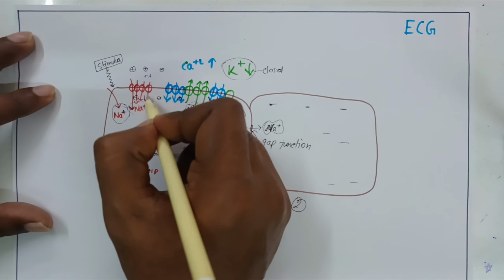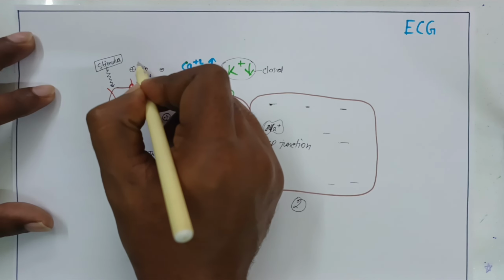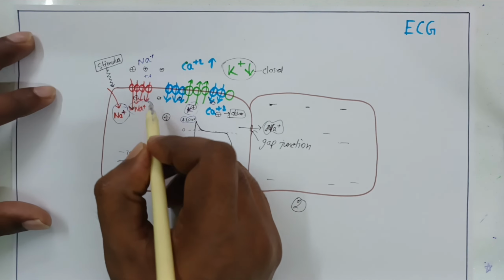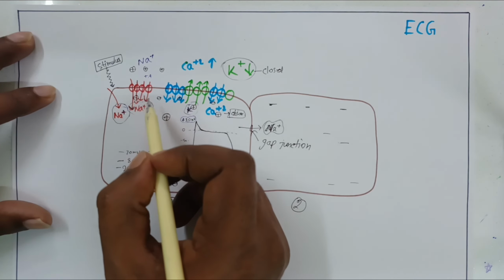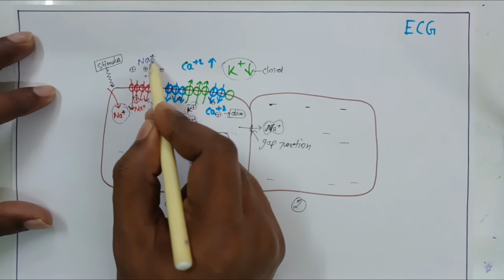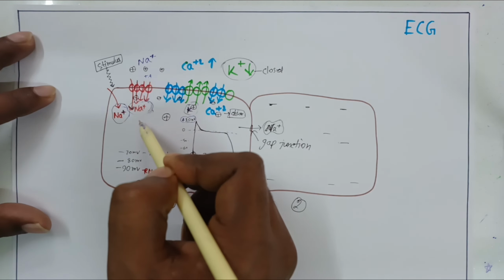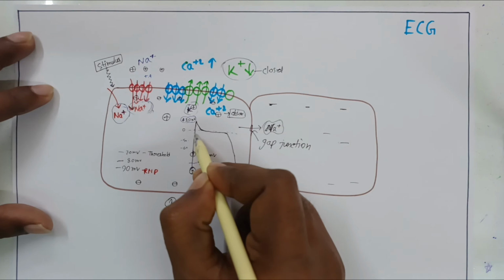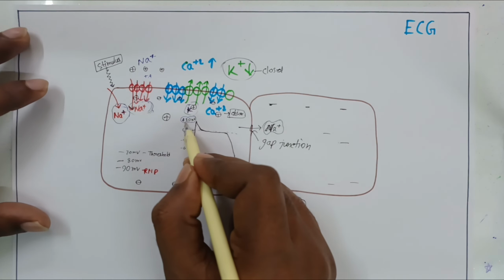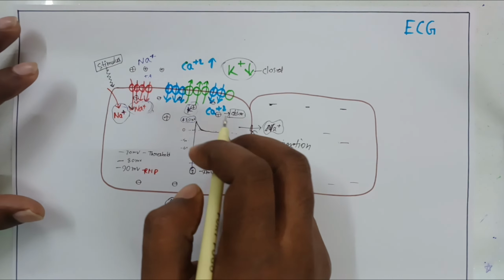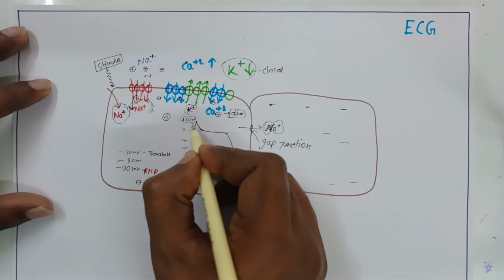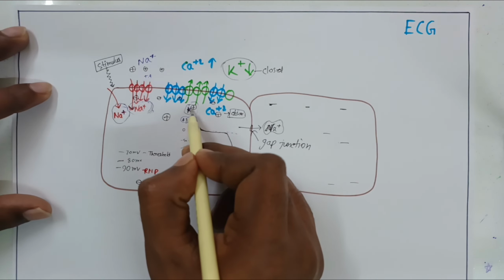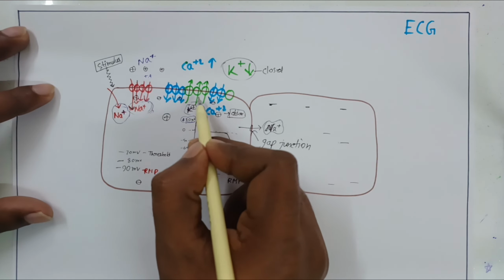Extracellular concentration of sodium is more and intracellular concentration of sodium is less. Due to this concentration gradient, the extracellular sodium gets into the cells and increases the membrane potential to 0 and to plus 10 or other further positive values. At plus 10 membrane potential, the potassium channels are opened.